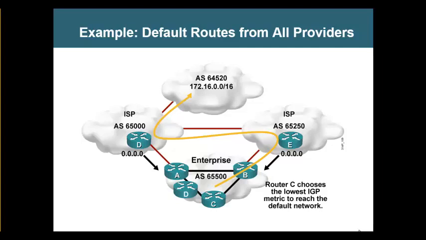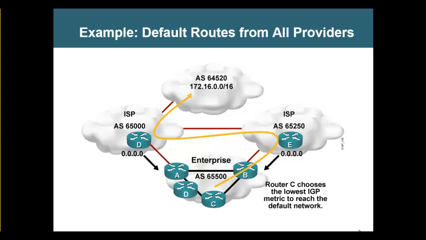So when we have default route provided by D and E, the path taken will be via B because the IGP cost is lower. Between C and B there is only one link, but between C and A there are two links, so the cost will be high.